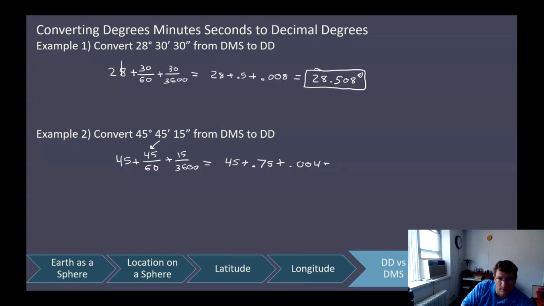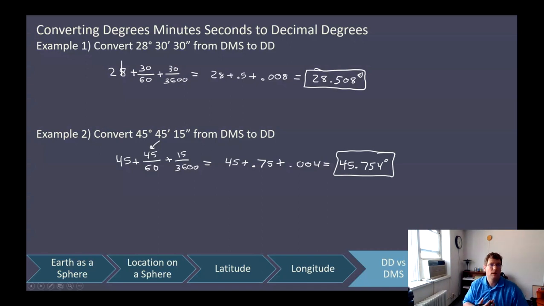If we add that up, we get 45.754 degrees. Okay, so that's how we go about converting from degrees, minutes, seconds to decimal degrees.